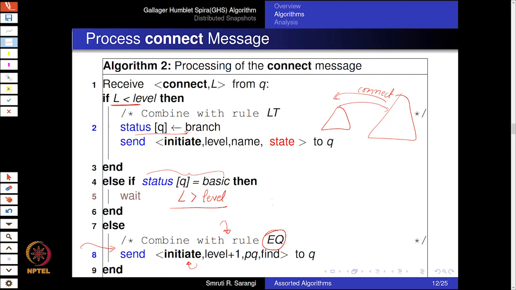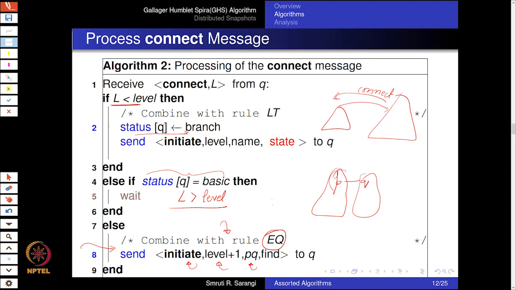So we send an initiate message. So we are saying that they are at the same level. So well, no problem. So your new level is level plus 1. And your new name is the edge via which this message is coming, the joining edge, which is PQ, right? So P on one side and Q on the other side, and that this is how we are joining.